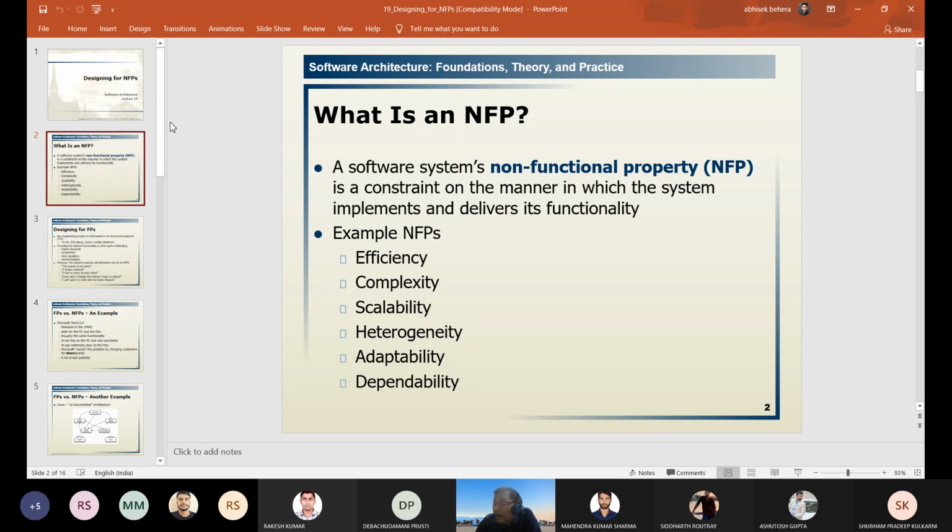I had told in the very first class what are the basic functional properties. DC, I had told. Do you remember? What is D? What is C?